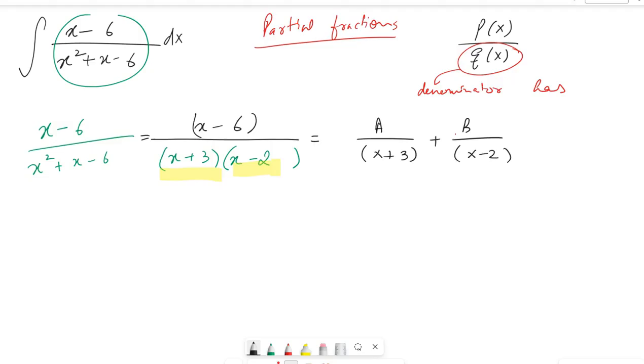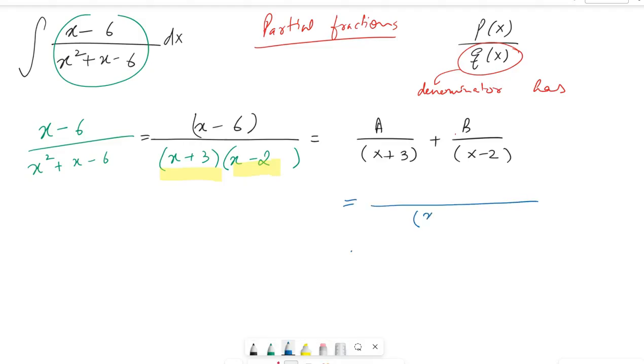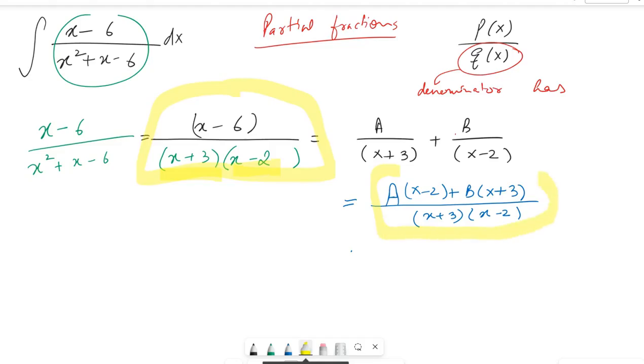Okay, and then if you make a common denominator on the right side, you'll have to multiply a by x minus 2 and you will have to multiply b by x plus 3 to make the common denominator hold. Now you should compare this with this. These two are equal to each other. Both of them have the same denominator.